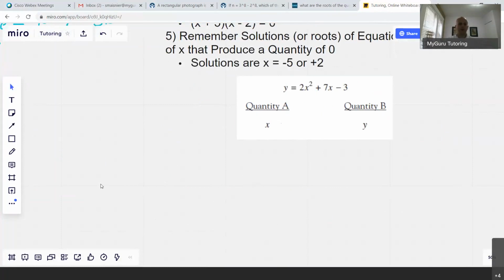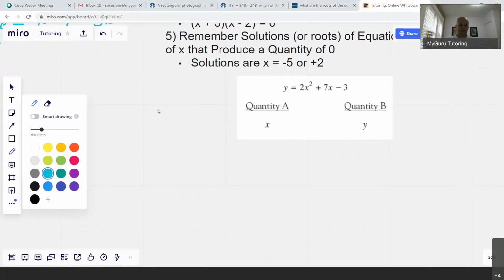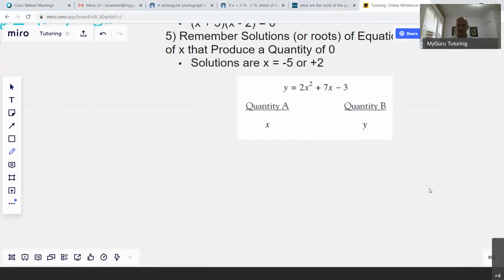And so one of the things that we just kind of have to recognize about the GRE and the GMAT is that often tough quadratics are time wasters.